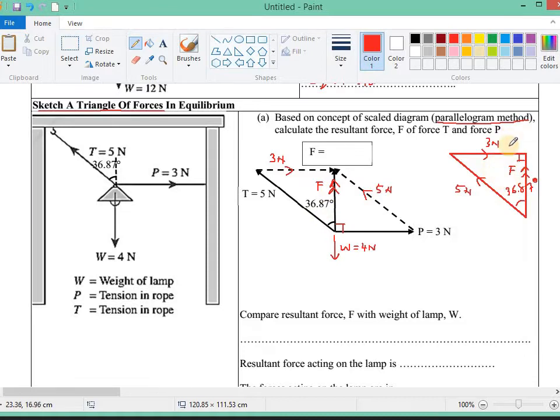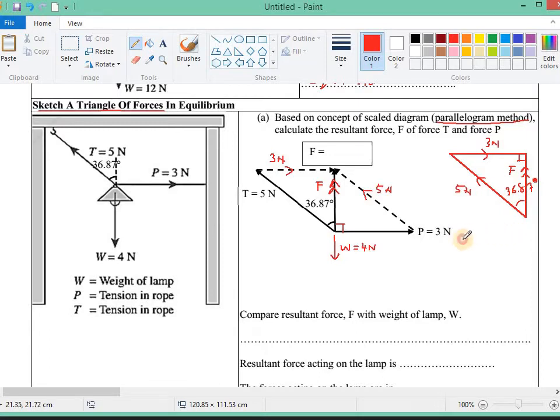Now we have a right angle triangle, so we can use Pythagoras Theorem to calculate this length. You can use Pythagoras Theorem, or you can use trigonometry. Since we have the angle, I use trigonometry. I use cos, because this F is beside the 36.87.